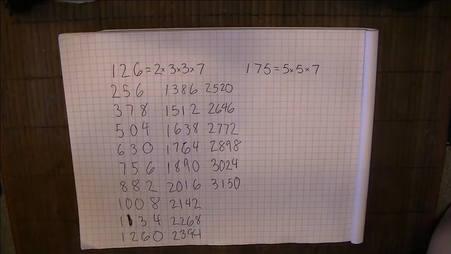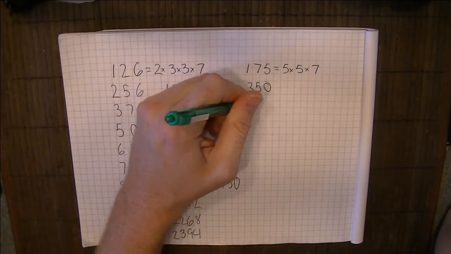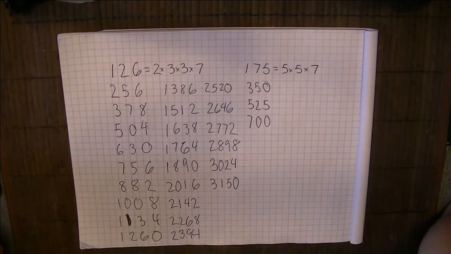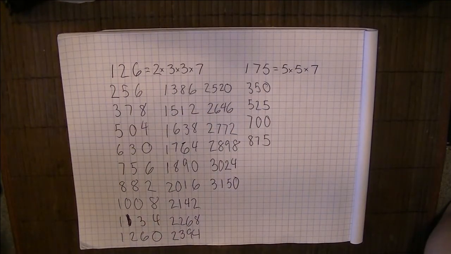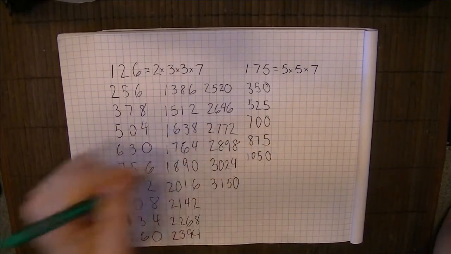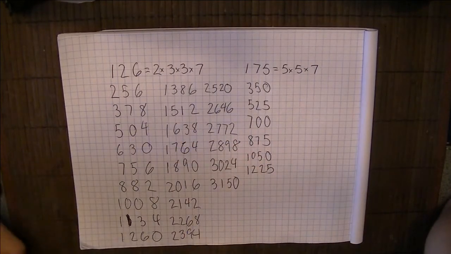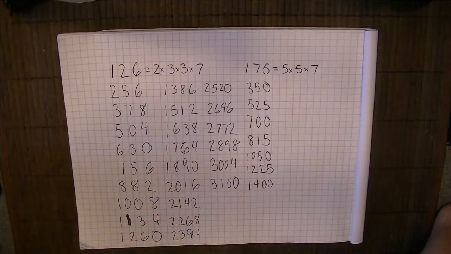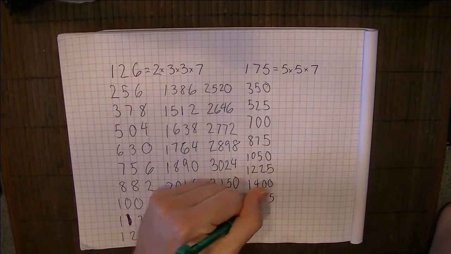So 175 plus 175 is equal to 350 plus 175, 525 plus 175, 700 plus 175 is 875 plus 175 is 1050 plus 175 is 1225 plus 175 is 1400 plus 175 is 1575 plus 175 is 1750.